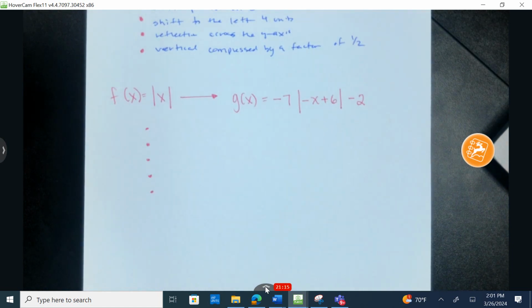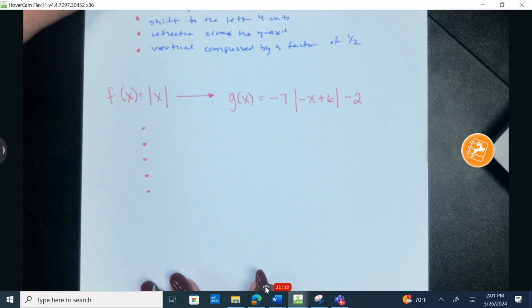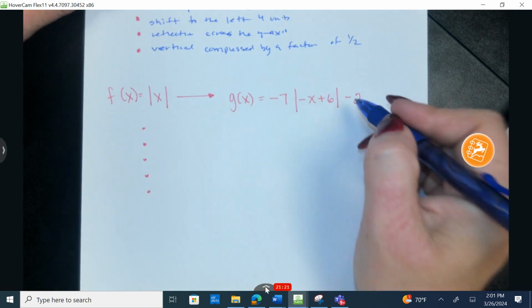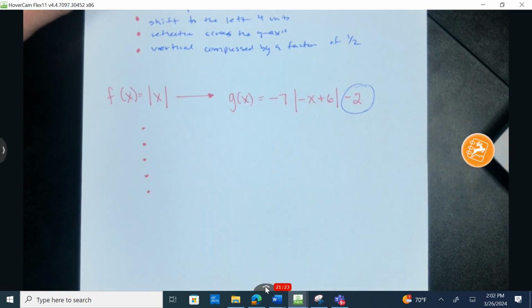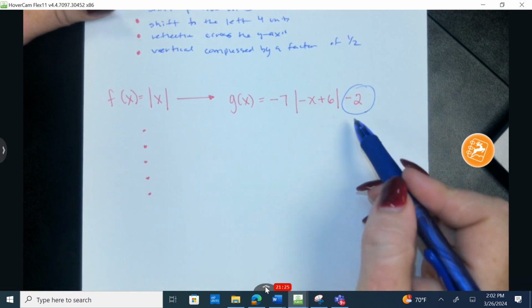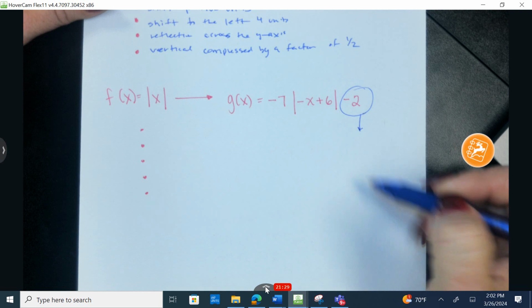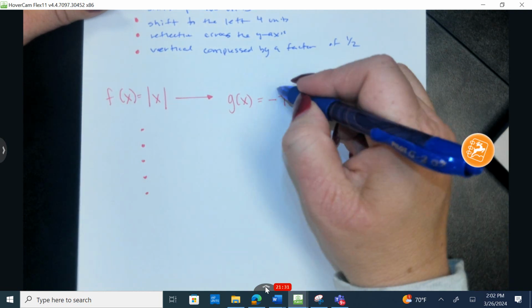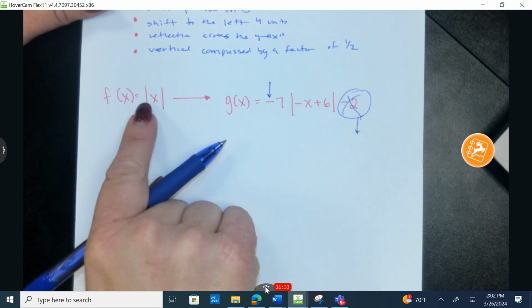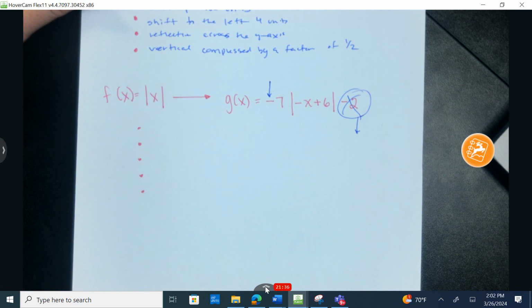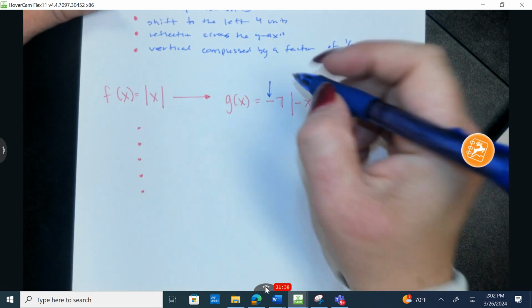Okay, press pause, try the very last one. The order in which you do these doesn't matter, so I'm going to start here, and to save time, I'm not going to write them down. You will have to. So what does this mean? You're going to shift down 2 units. Again, the order you do these in doesn't matter. Because we have a negative sign that has gone out front, this is going to be a reflection over the x-axis.